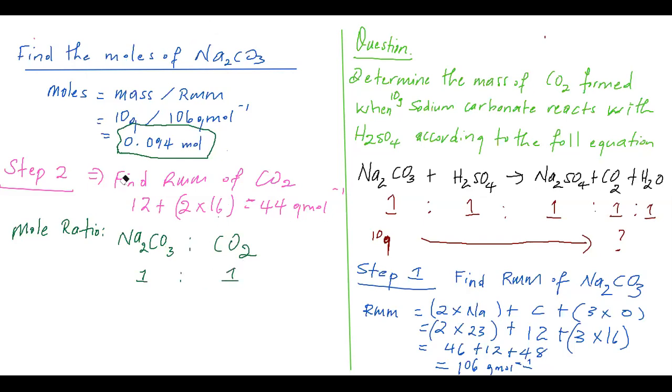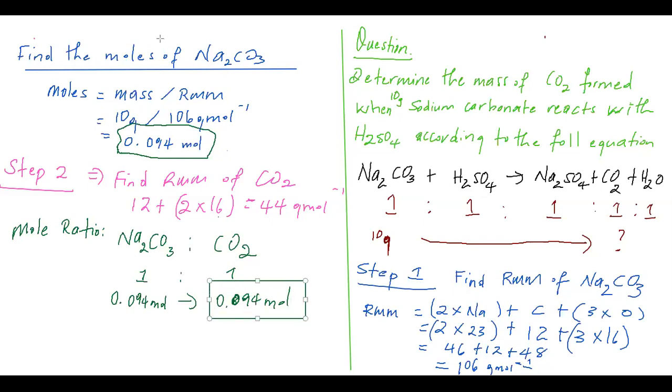So now we are going to use that relationship. We worked out that we had 0.094 moles of sodium carbonate, so it follows that because it's a 1-to-1 relationship, it's the same amount of moles of CO2 that would be formed. That is how we get the moles for the CO2 by using this ratio.